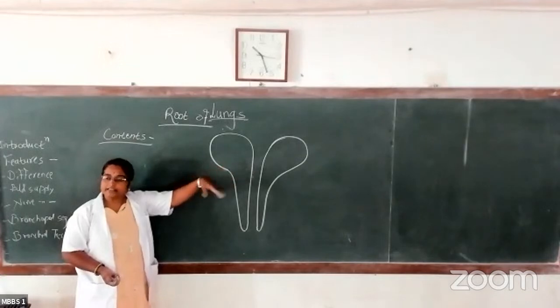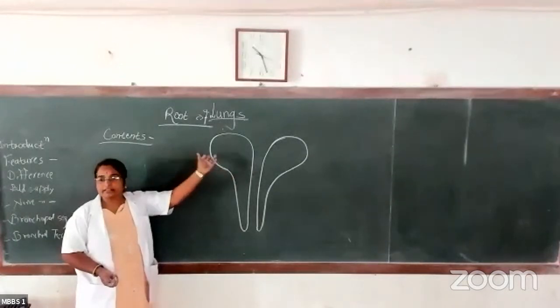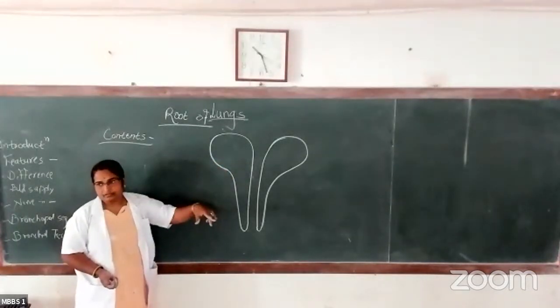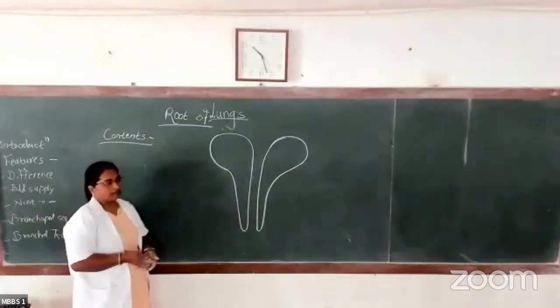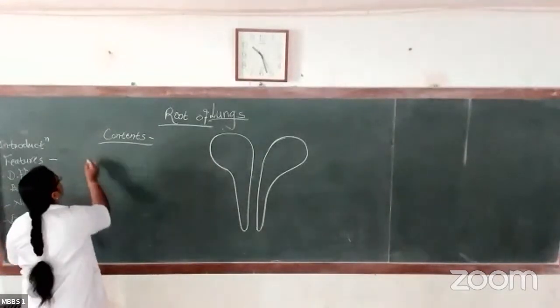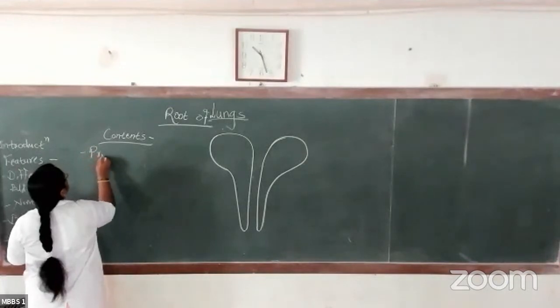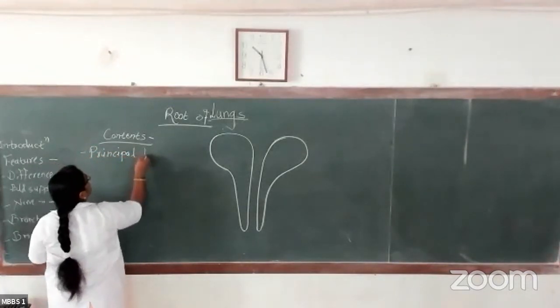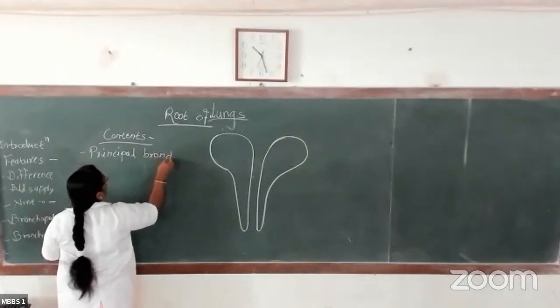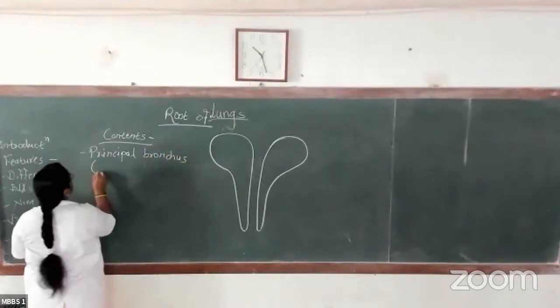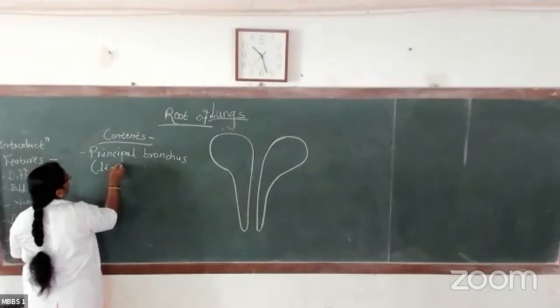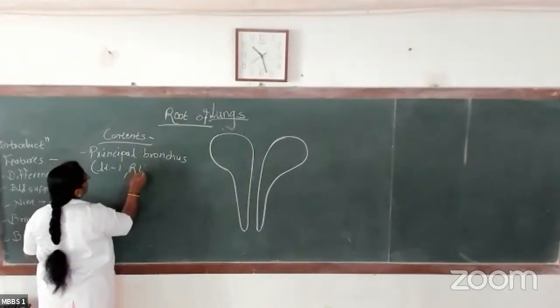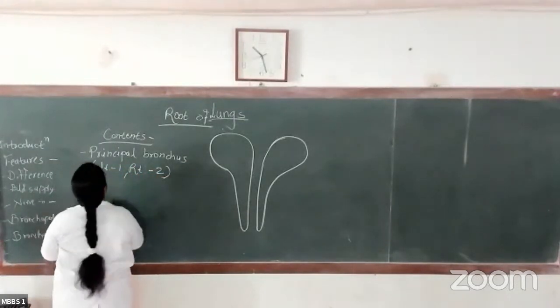Now which are the structures present here? First is the principal bronchus. In case of left lung, it is only one. In case of right lung, there are two principal bronchi.